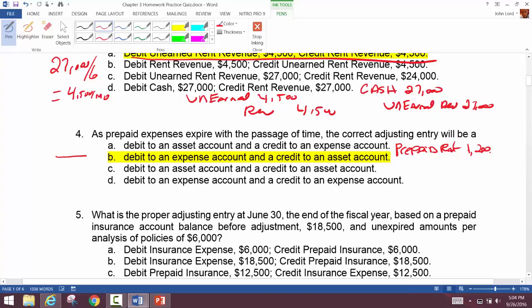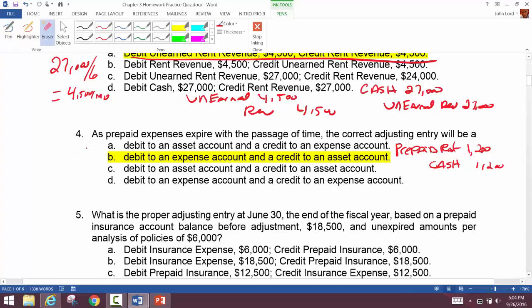Do you have a future economic benefit? You got your rent, you bet. Them parties at Santana Row, I expect an invitation to at least one of them, right? All that fun you're going to be having over there because you paid $1,200 for the whole year's rent, right? In a nice spot. Okay, so then what happens? So then the first month goes by, doesn't it?